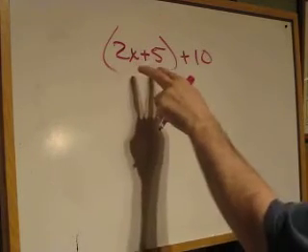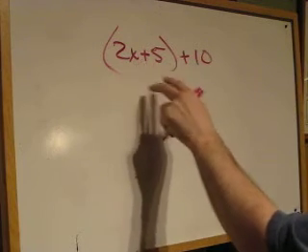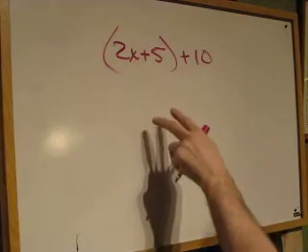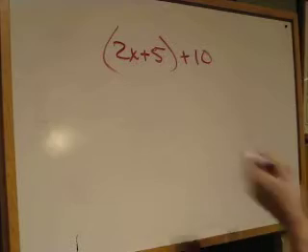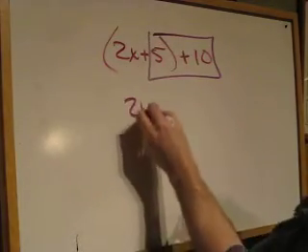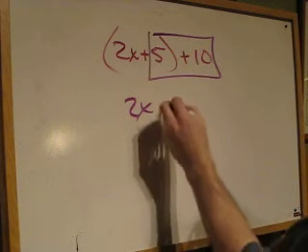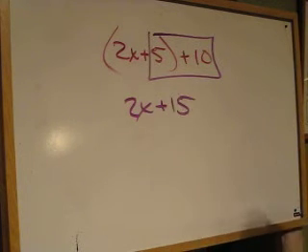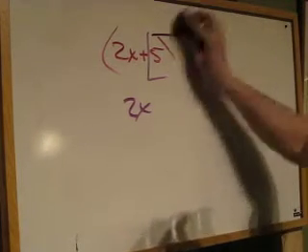So how do we add these two when we don't even know what this is? So we combine what we do know. We do know that we can add a 5 and a 10. So our 2x we leave alone since we can't do anything with that, and we put a 15 here, and right now we have that simplified and we're good to go. That's as far as you can go with it without knowing any other information.